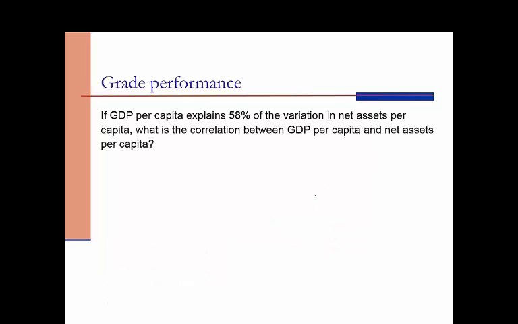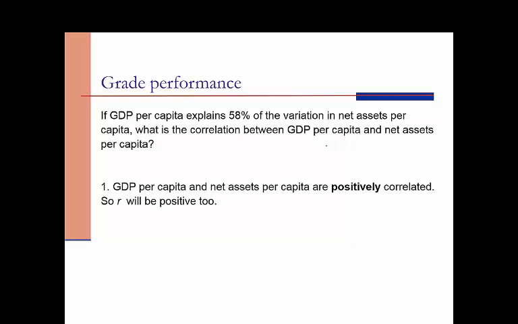Right, so let's say, for example, you get a question that says, if the GDP per capita explains 58% of the variation in net assets per capita, what is the correlation between GDP per capita and net assets? Okay, suppose that you know that GDP per capita and net assets are positively correlated, right?